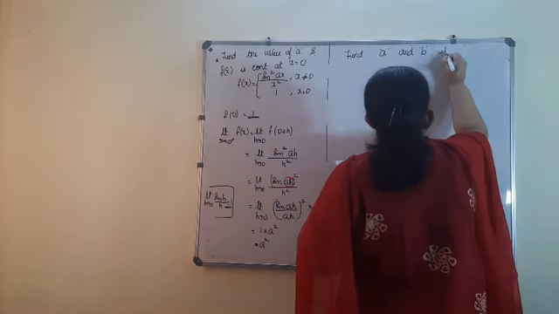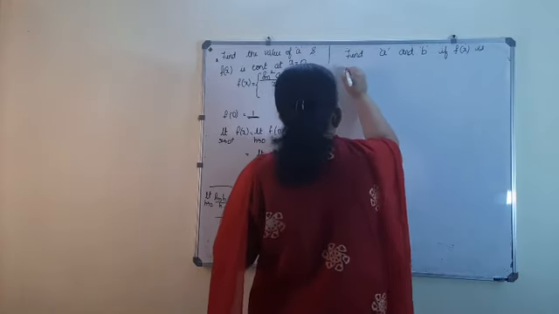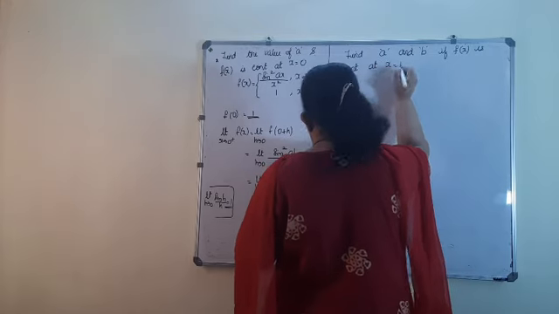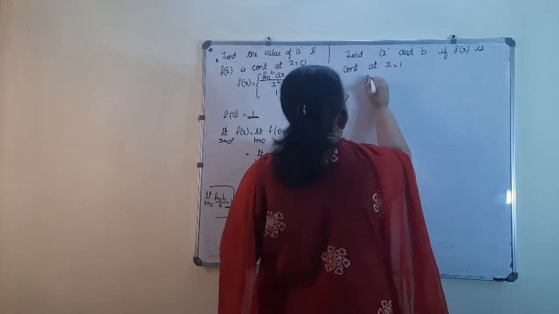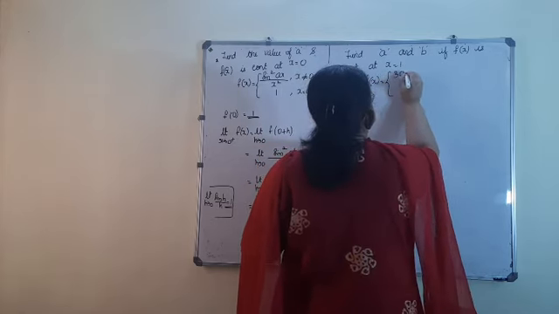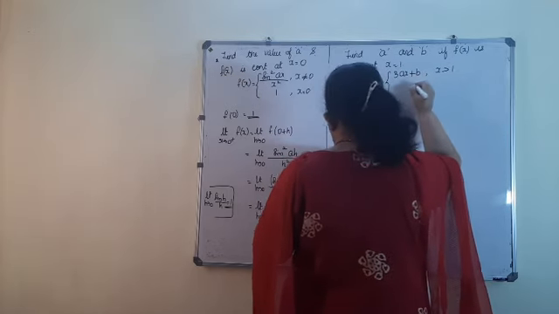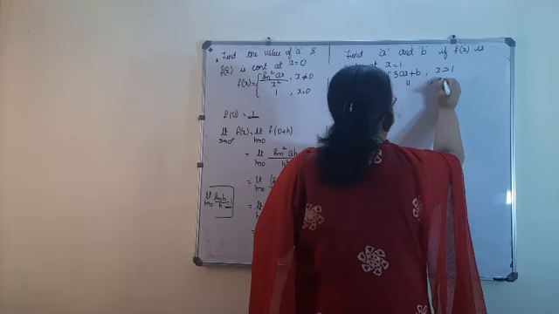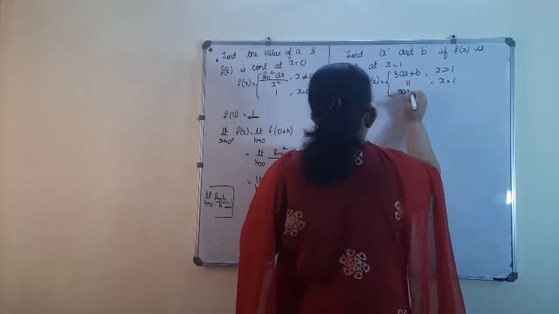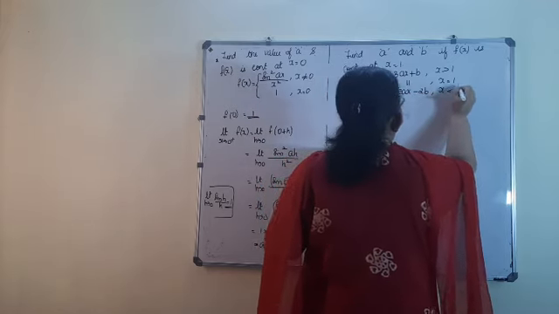if f of x is continuous at x is equal to 1. f of x is equal to 3ax plus b for x greater than 1, 11 for x equal to 1, and 5ax minus 2b for x less than 1.